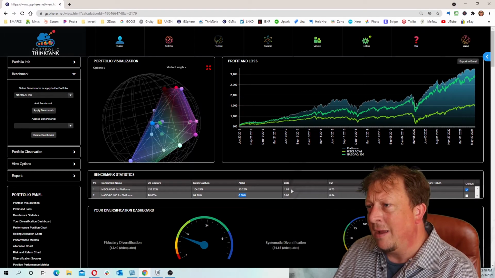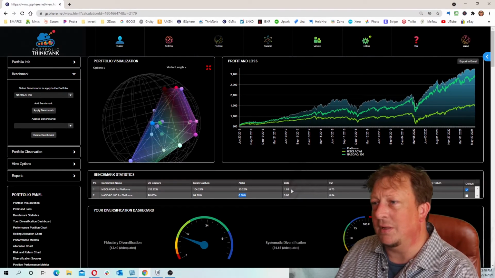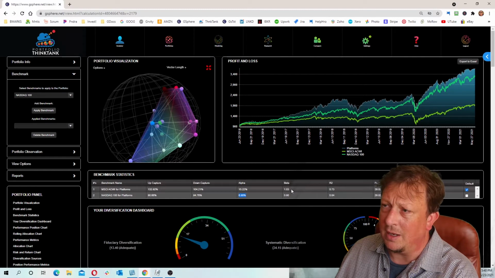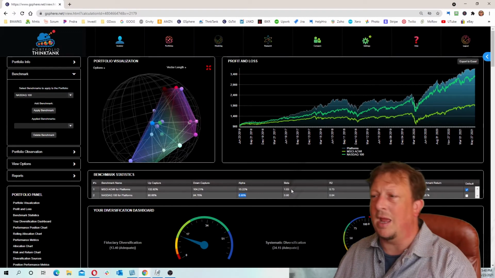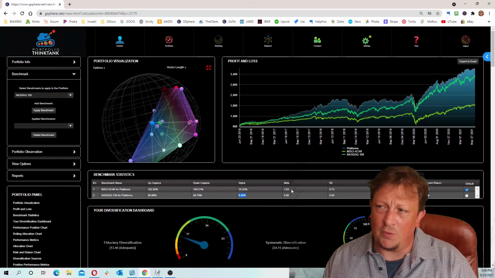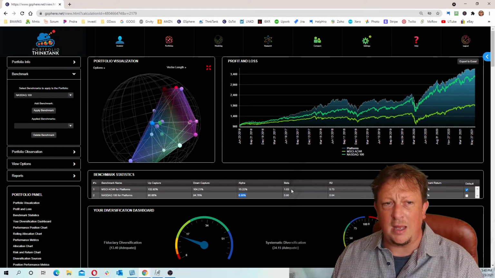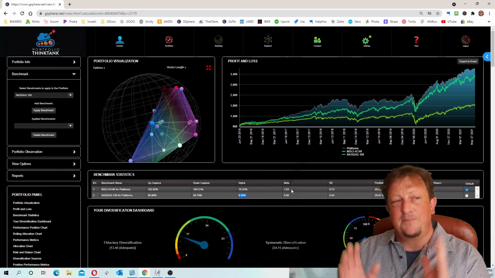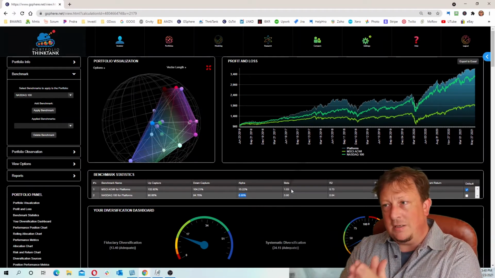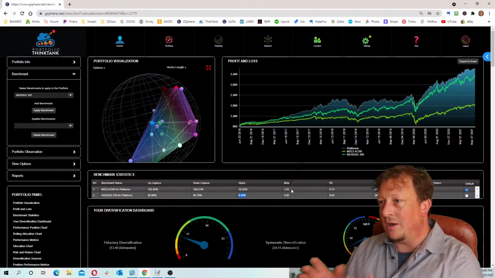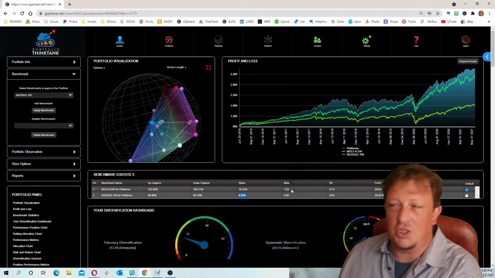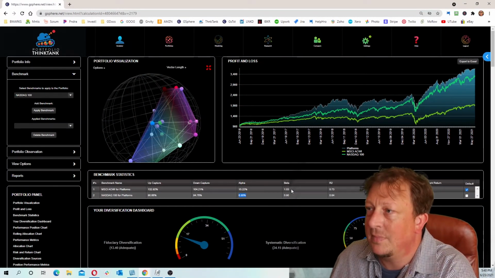And for R-squared values, it's probably the least important value on this page. I wouldn't ever rule out or rule in a portfolio strategy strictly on that, but when you're starting to narrow your focus down, R-squared sometimes works well in collaboration with some of the other statistics.